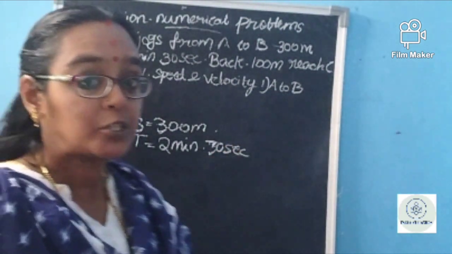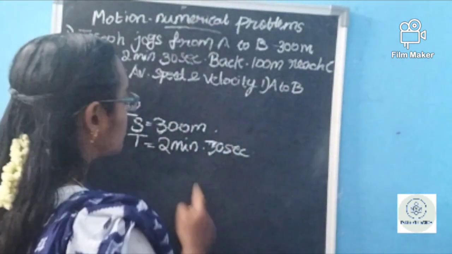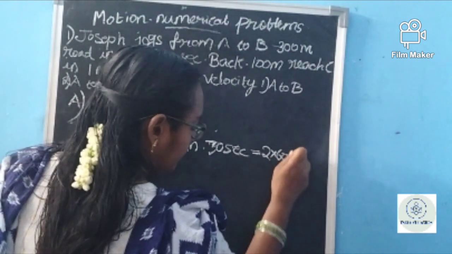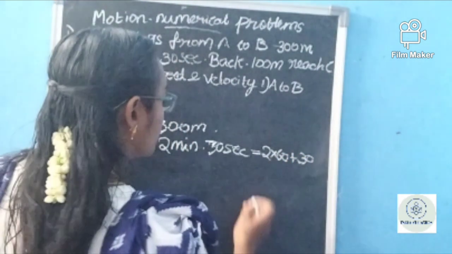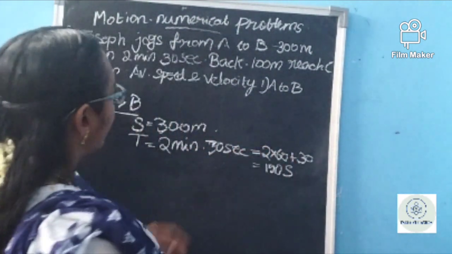We have to convert minute into second. For that, we have to multiply by 60, right? So 2 minutes 30 seconds will be equal to 2 into 60 plus 30. 2 into 60 is equal to 120. 120 plus 30 is equal to 150 seconds.